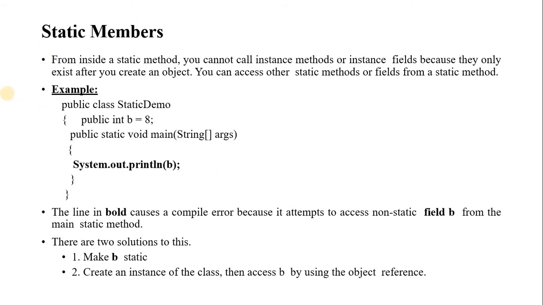If you try to call it inside the static method, it will not allow it, and you will find a compilation error. So meaning, a non-static variable cannot be called inside the static method, that is, the main method.